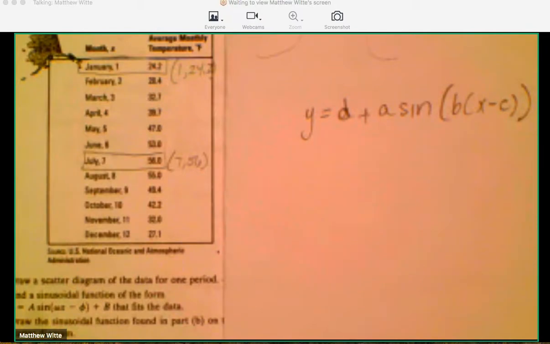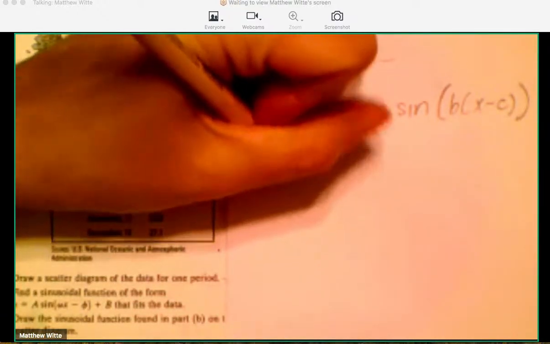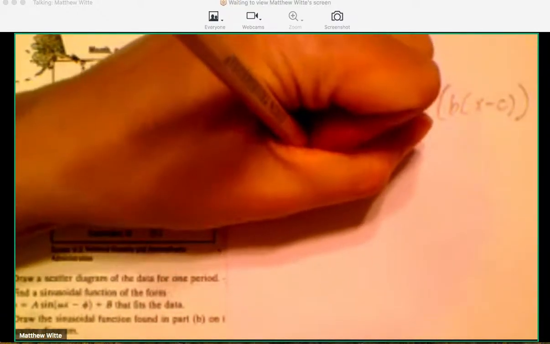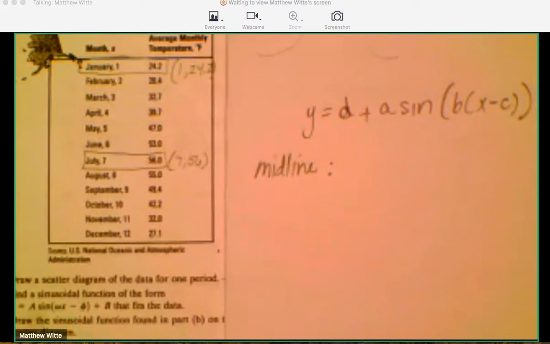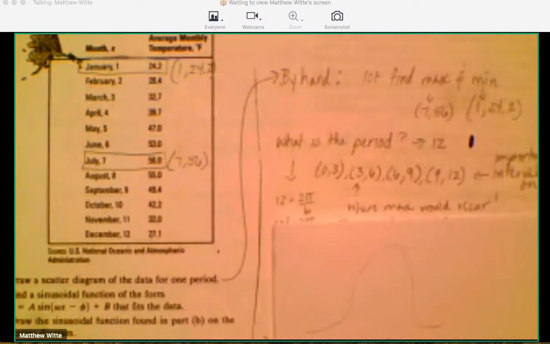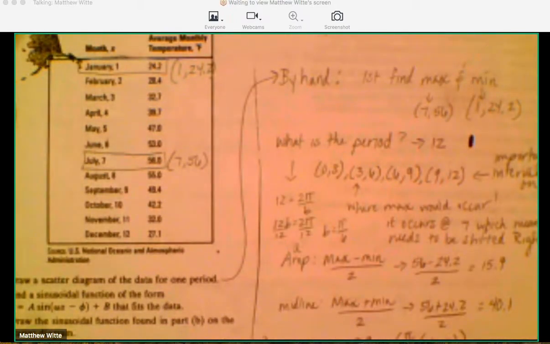But what we need to do is find what is going to be our amplitude and what is going to be our midline. So remember that I just told you that your midline can be found by taking your max plus your min and dividing it by 2. So that's what you're going to do. To get your midline, you're going to take your max plus your min divided by 2. I have that written down right here.